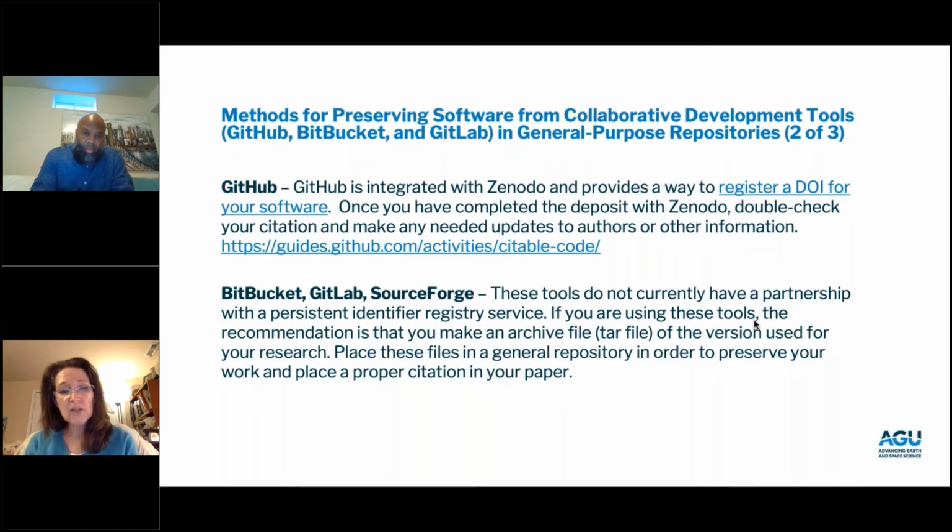Then, if you happen to be working in Bitbucket or GitLab or SourceForge or something similar, the recommendation is to generate an archive file, sometimes called a tar file, and then place those in a general repository like Zenodo or Dryad or Figshare, or there are several others, in order to create your citation.